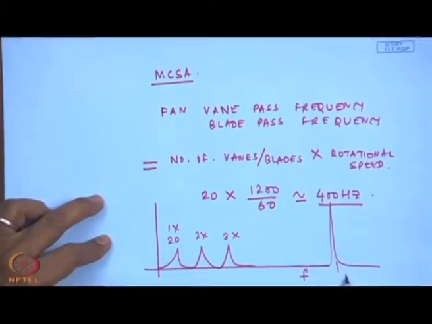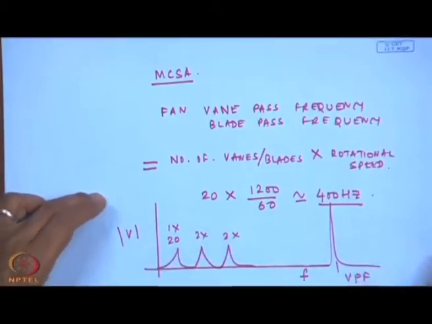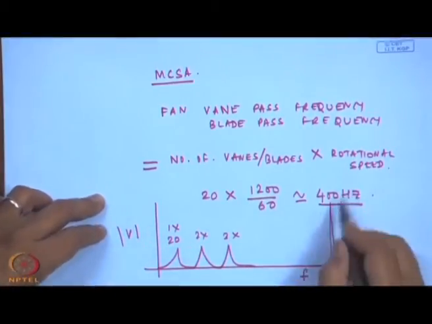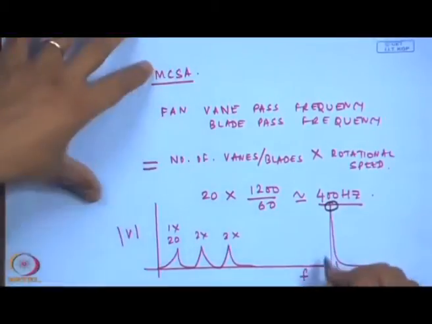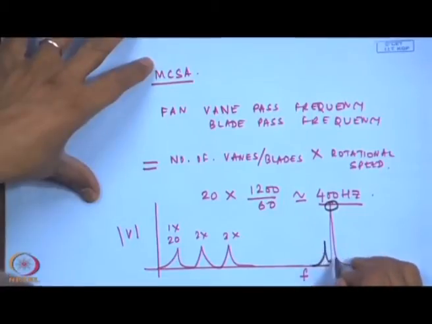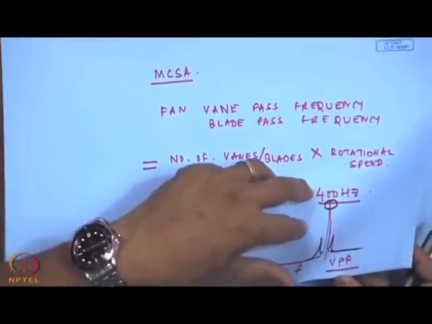This is the vane pass frequency, with some vibration amplitude. Okay. So, the occurrence of this vane pass frequency and sometimes side bands around these vane pass frequencies indicate the condition of the compressor.